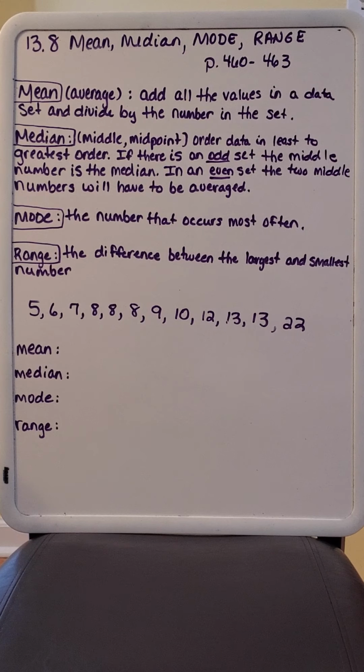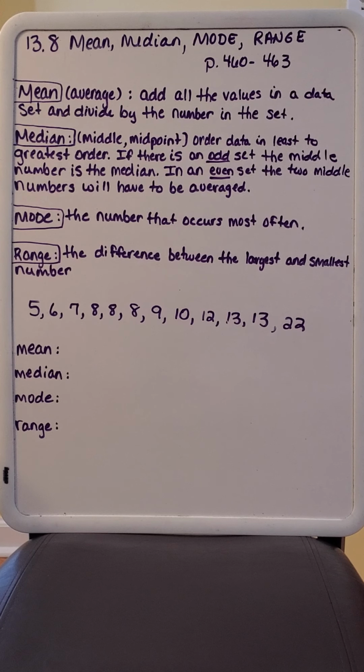So if you have a set of data and it's an odd set like 7, 11, 13, the number in the middle is going to be the median. But if you have an even set, that means there's going to be two numbers in the middle. And if that happens, then you're going to have to average them to find out what the median would be.